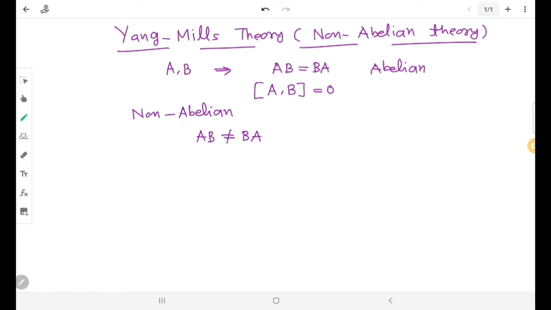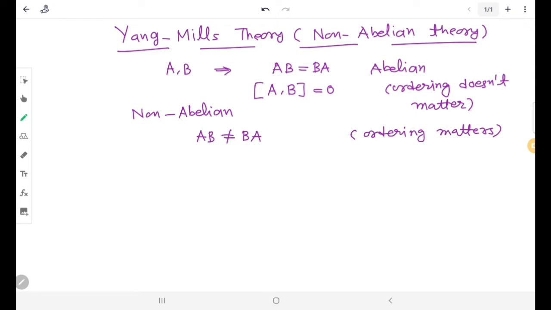I'm not saying that this is equal to minus BA or something like that. It is generally not equal to BA. So ordering matters. Here ordering does not matter, and here ordering matters. Right, this is what we have.